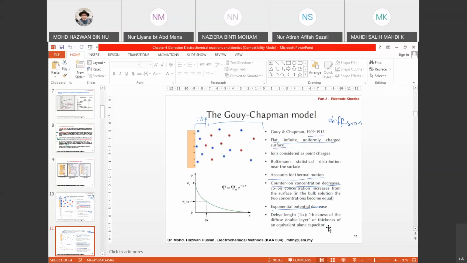It also accounts for thermal motion, because diffusion happens due to several factors, including thermal motion. And for the potential value, you will see that it shows an exponential decrease, not like the Helmholtz model where the potential value shows a linear decrease.